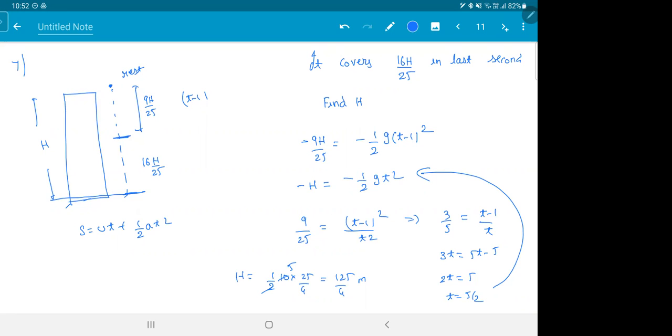For t seconds, you cover h. Divide them and finish it off. Clear?